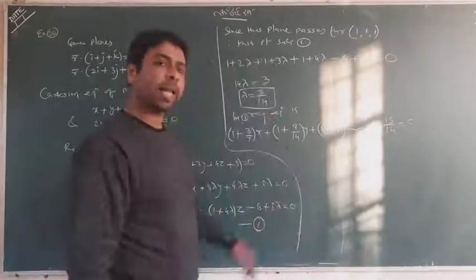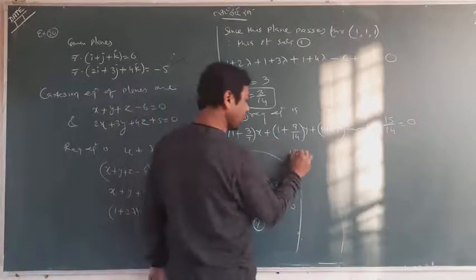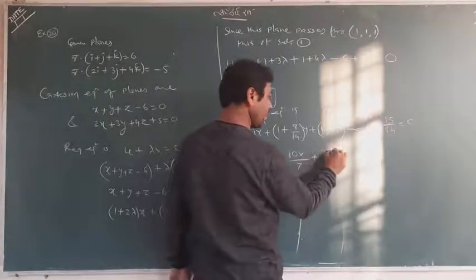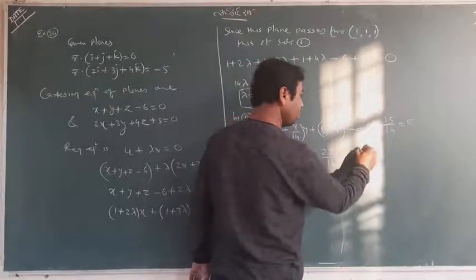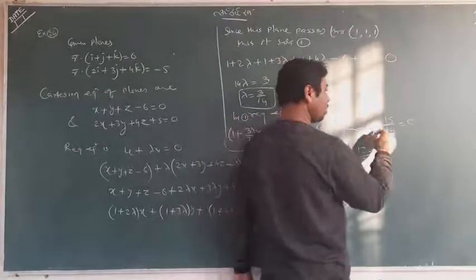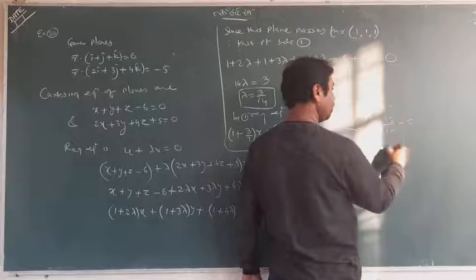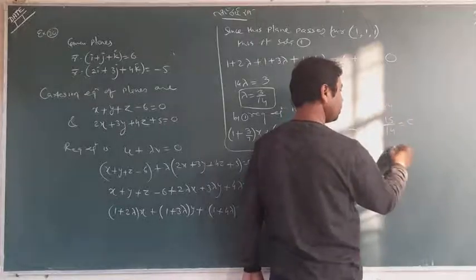Now you can take an LCM. 10 by 7, 23 by 14, 13 by 7, and this is going to be 69 by 14.